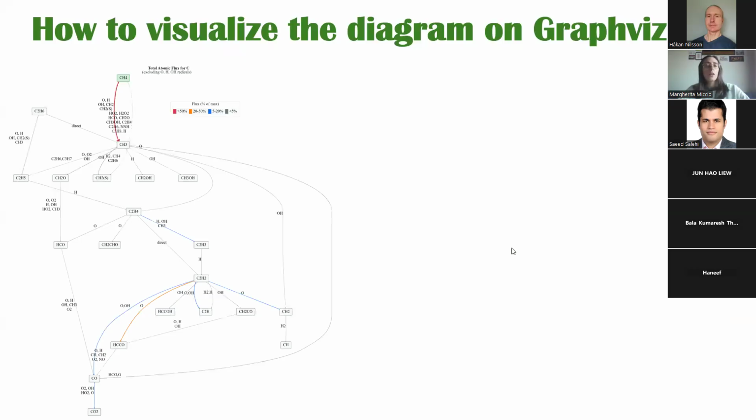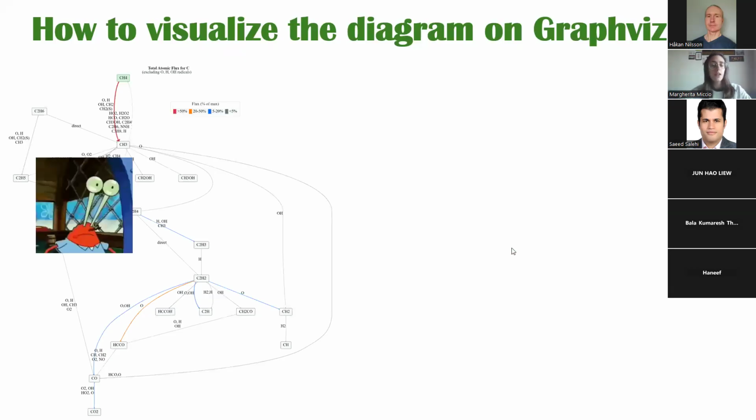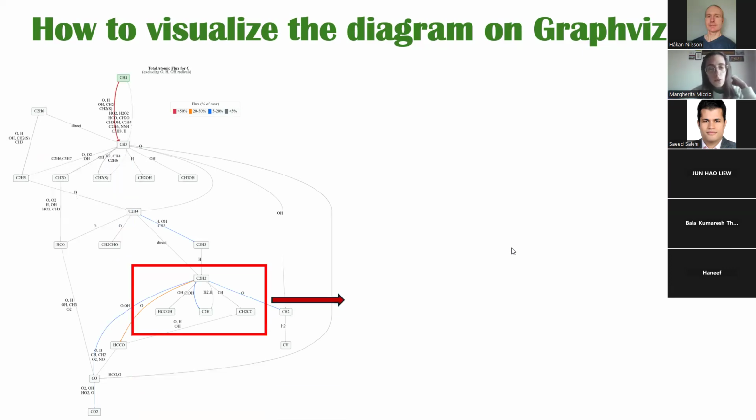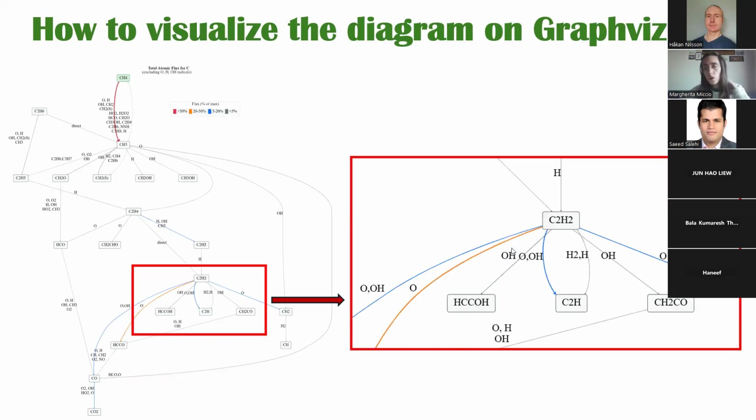So in the end, we obtain this type of diagram, which can sometimes be very confusing. We can try to zoom in on a specific zone, and we see nodes that are connected through arrows, which are labeled with the other reactant.